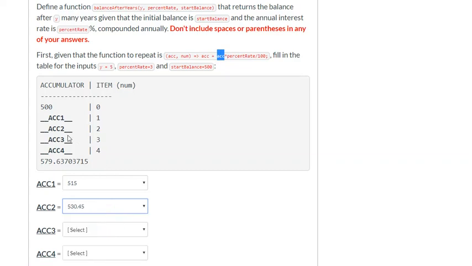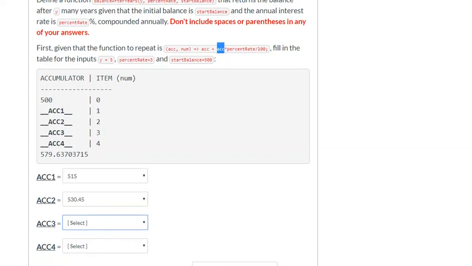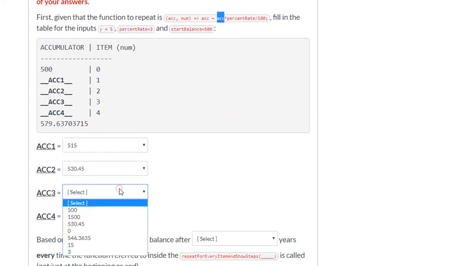And we keep going. Then 530.45 becomes the new accumulator, 2 becomes the new num, and we plug in the 530.45 and we will get the next value, scrolling down a little, of 546.3635.